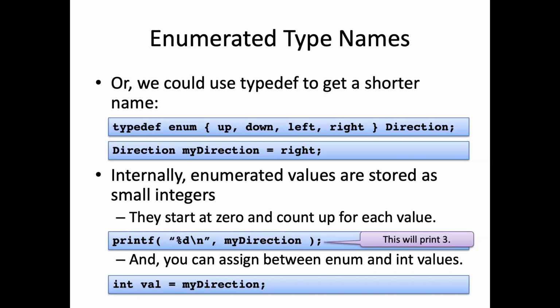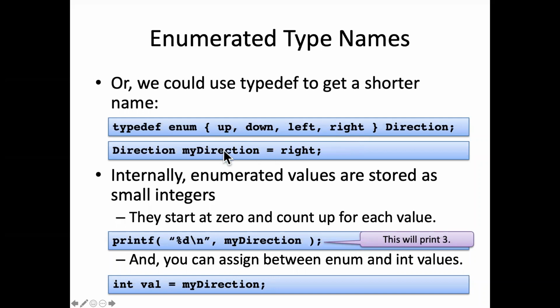When you make an enumerated type, the values of that type are really just words for integer values counting up from 0. So if you define an enumerated type like this, up is going to be just another name for 0, down is going to be another name for 1, left is going to be another name for 2, and right is going to be a name that gets mapped to 3 by the compiler.